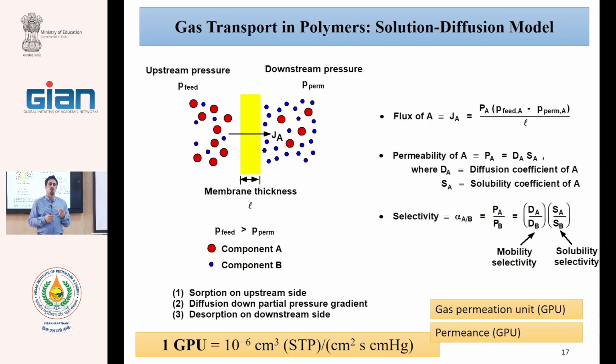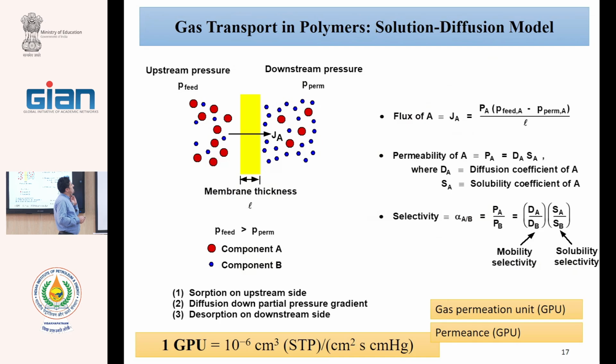Therefore, we have a two-step solution diffusion, and two coefficients: solution coefficient and diffusion coefficient. For some gases diffusivity is high and solubility is low, or one gas may have a high solubility and high diffusivity.